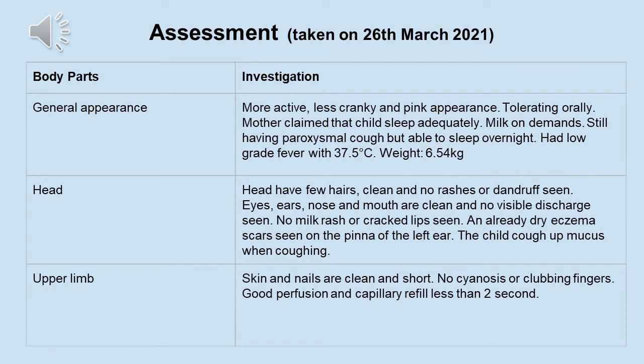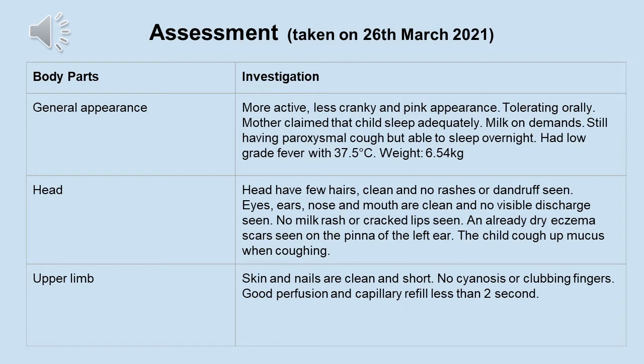The physical assessment for child A was taken on 26th of March 2021. For her general appearance, she was more active and less cranky compared to the past few days, and she had a pink appearance. She was tolerating orally, and the mother claimed that the child slept adequately.